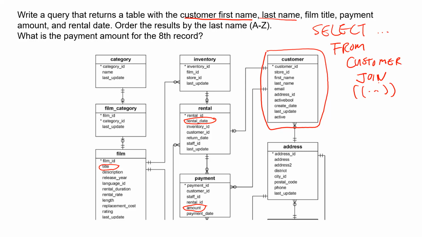If I want to link the film title, there isn't a way to link it directly. We are going to have to link it with the inventory table somehow, and then use that to link with the rest.